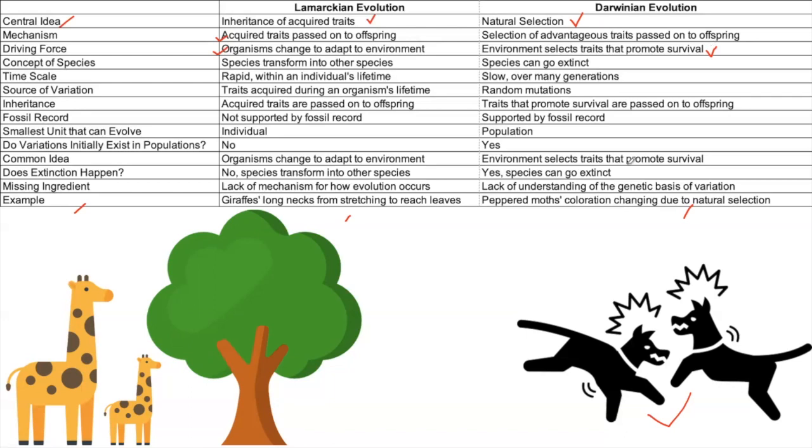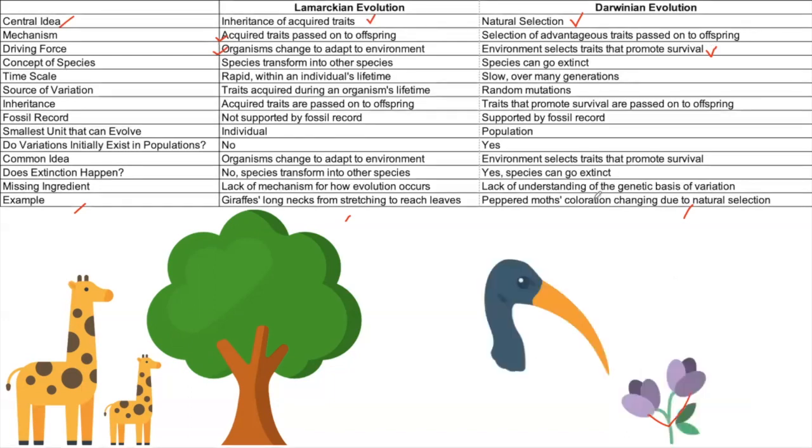For example, if a group of birds lives in an environment with a lot of deep flowers, the birds with the longer beaks will be more successful at obtaining nectar. Of course, they will have a better chance of survival and reproducing. So over time, this can lead to the population of birds having longer beaks overall, and those birds with short beaks will not be present.